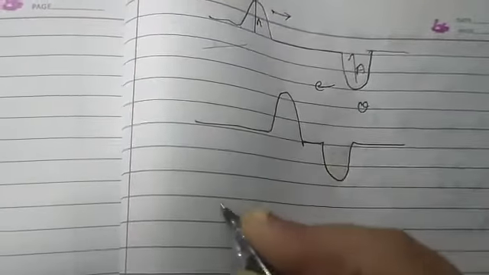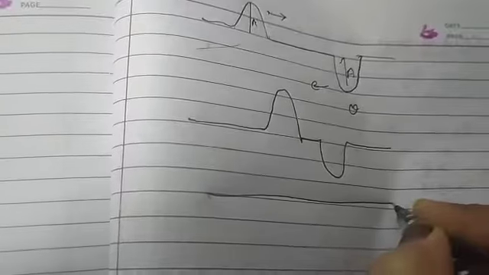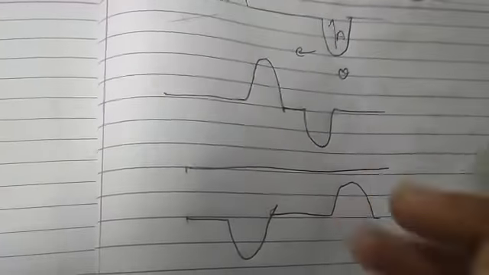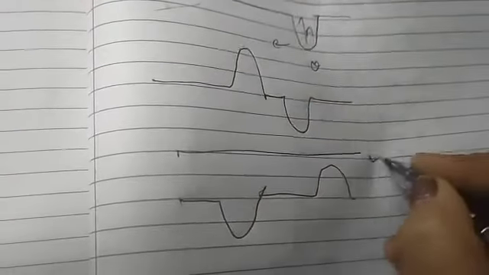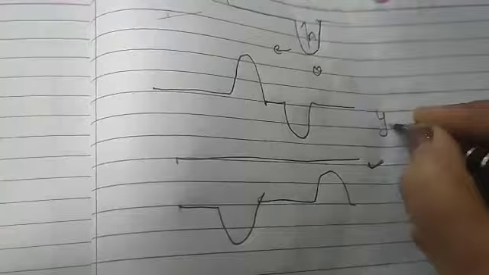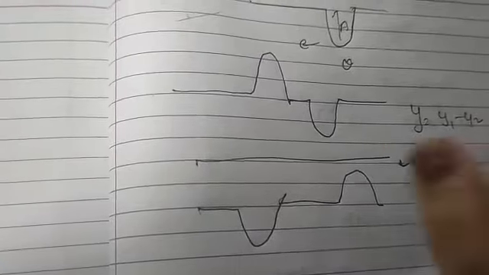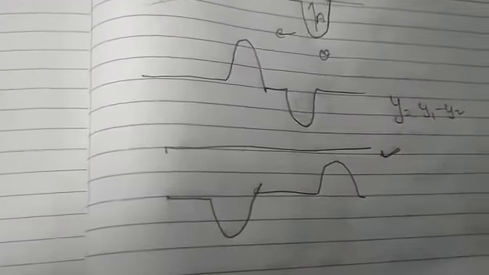After some time, they overlap and the resultant intensity is 0. After that, Q will come to this side and P will go to that side, so they cross each other. Here y is given by y1 minus y2, where both y1 and y2 are equal to A, and hence the resultant intensity is 0.